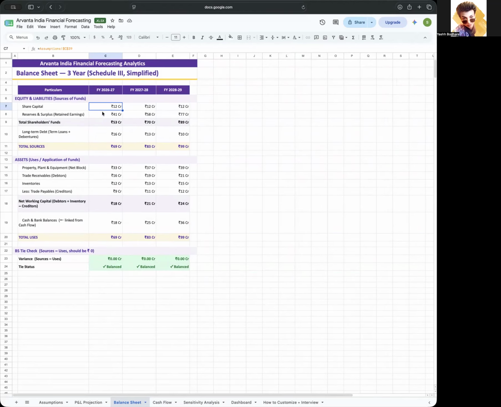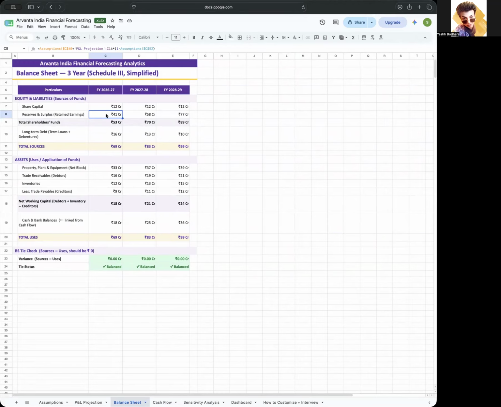Moving on to reserves and surplus, also known as retained earnings. So whenever a company earns profit, it has two options. It can distribute part of the profit to shareholders as dividends, or it can retain the remaining profit with the business. The retained profit accumulates year after year and appears under reserves and surplus.